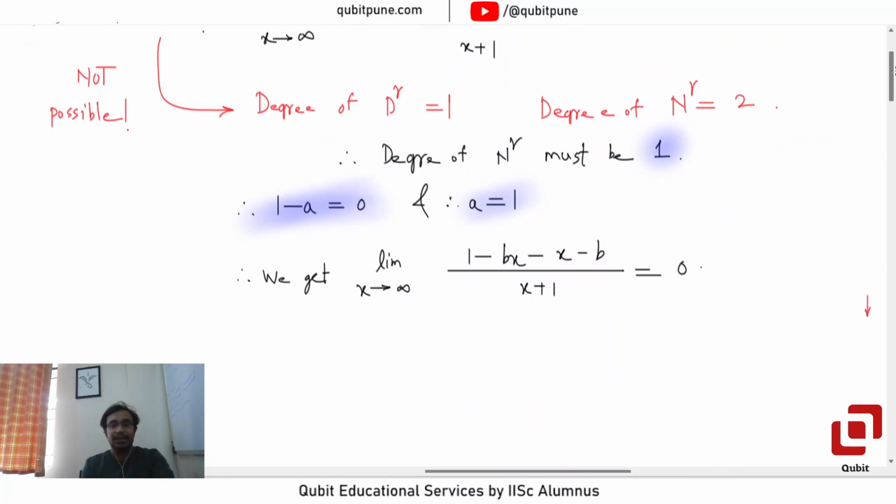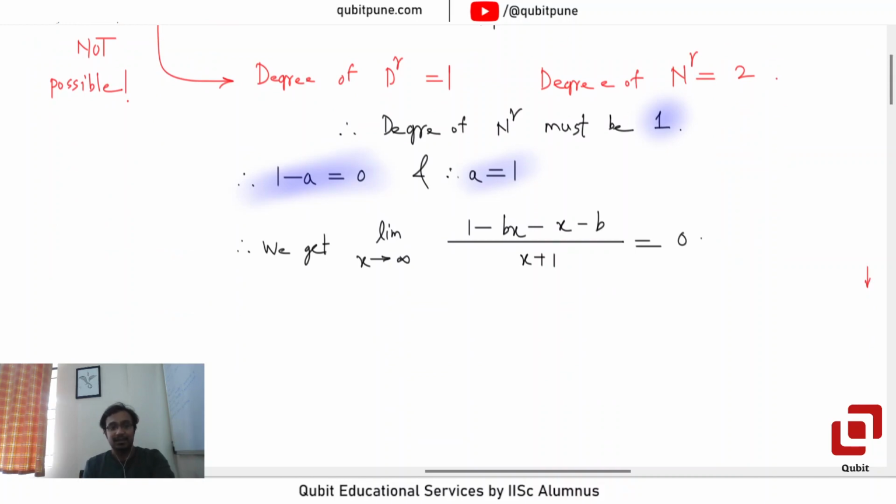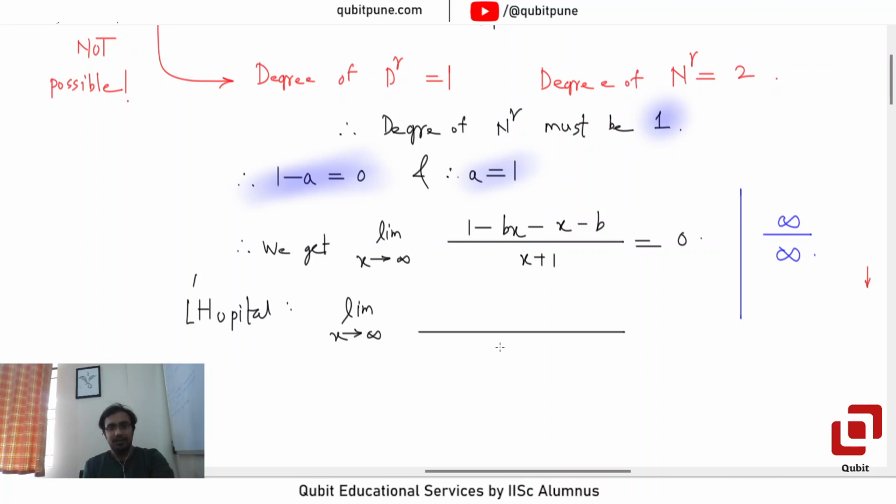Now can we apply L'Hospital's rule? We can, because it is definitely in infinity by infinity form. Could be negative infinity, but that hardly matters. Okay, so what does L'Hospital give? Denominator is 1, 0, minus p, minus 1.